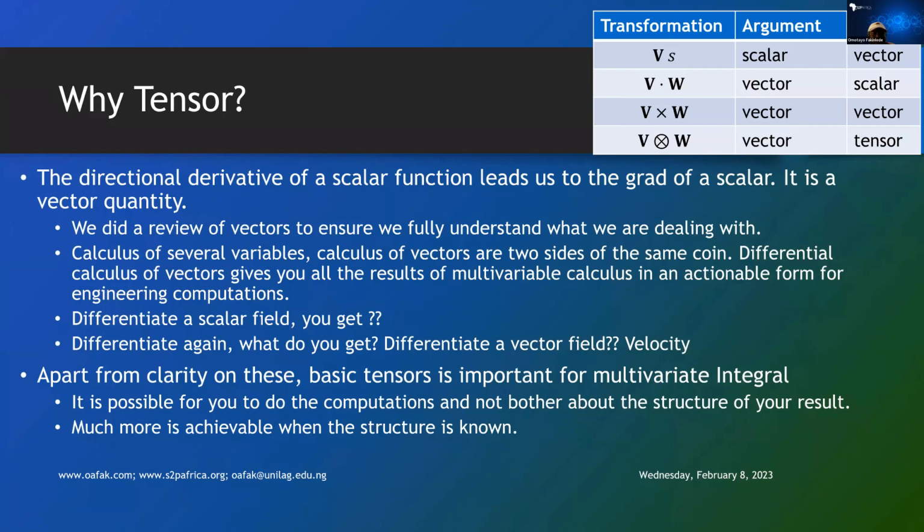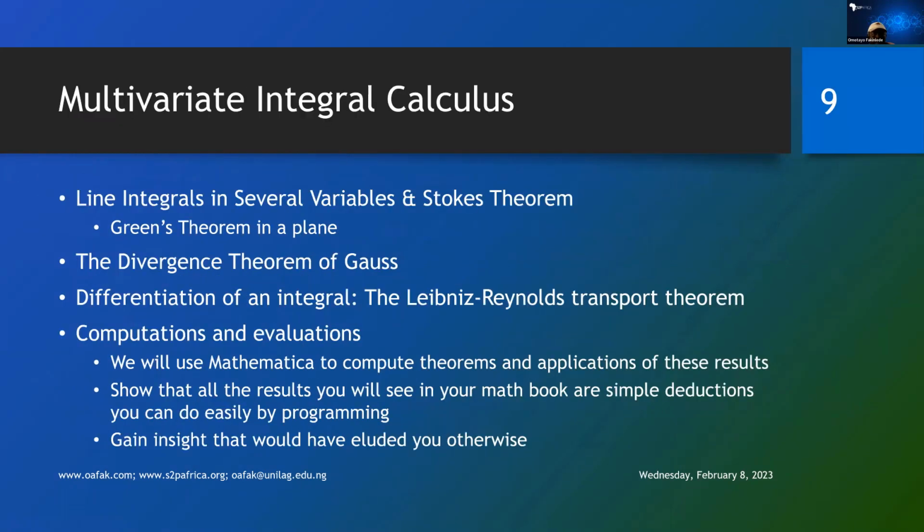There are other issues that we are going to look at. We're going to go back to multivariate integral calculus. We've already seen Green's theorem and the divergence theorem. We are going to see them now from the point of view of tensor analysis. We're going to see the differentiation of an integral, the Leibniz-Reynolds transport theorem, which we almost touched last time, but that will be a major issue now.